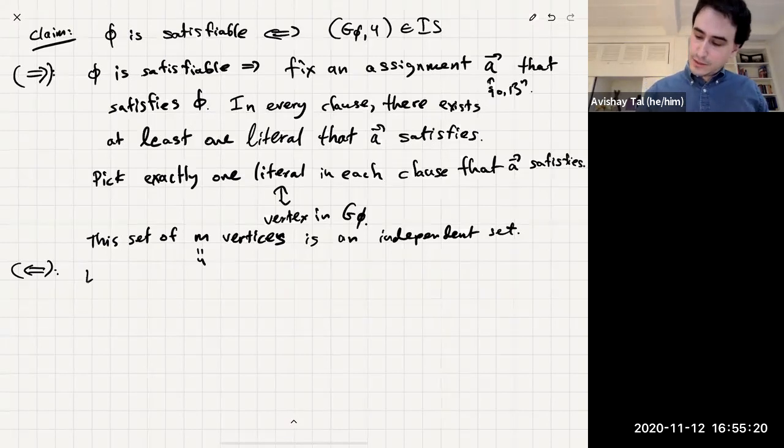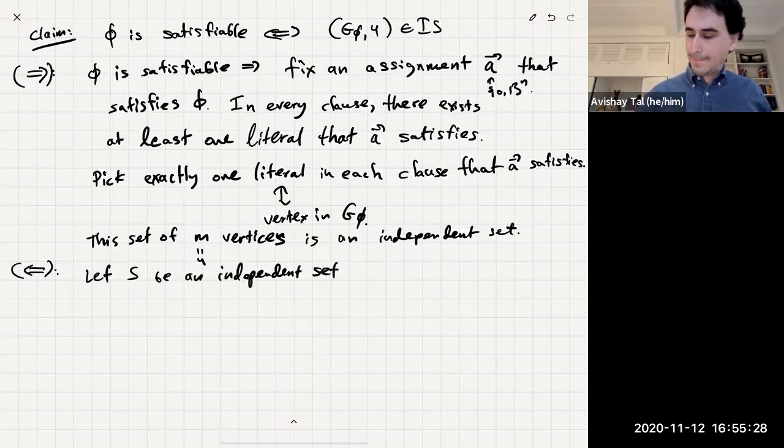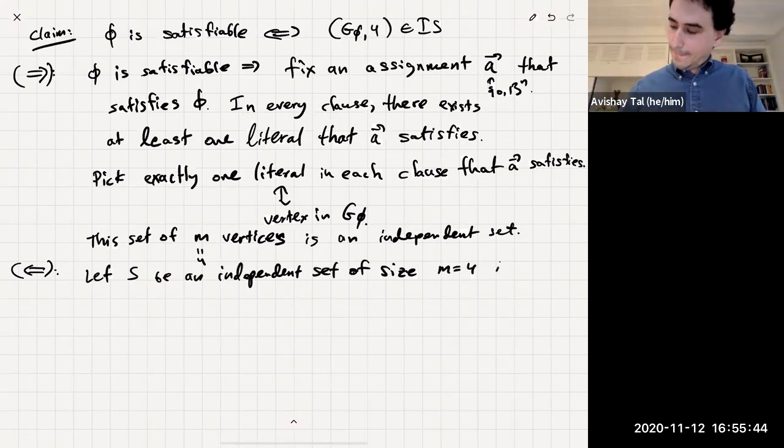So let S be an independent set of size 4, or M, where M is the number of clauses; in this case, it's 4. In G prime, from S, I want to come up with some assignment to the formula phi.